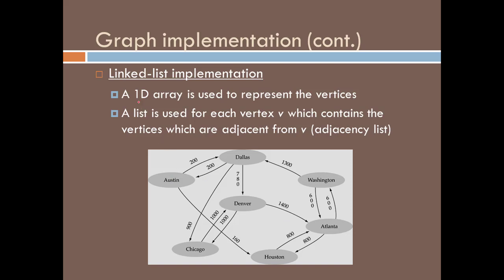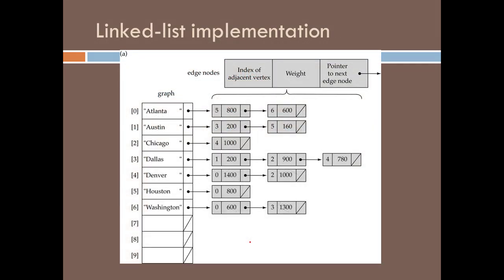We will use a one-dimensional array to represent the vertices, and we will use a linked list for the connections. Austin is connected to Dallas, and Austin is connected to Houston. So the node of Austin will have two further nodes in the form of a linked list, one to Dallas and one to Houston.